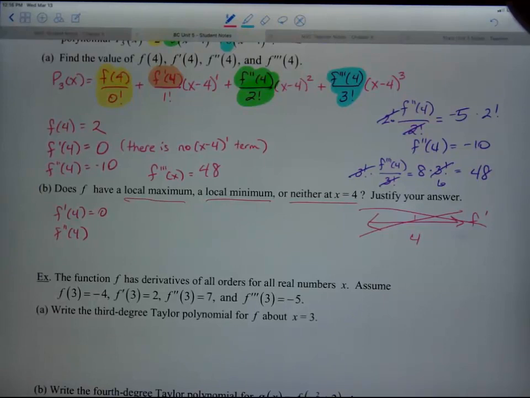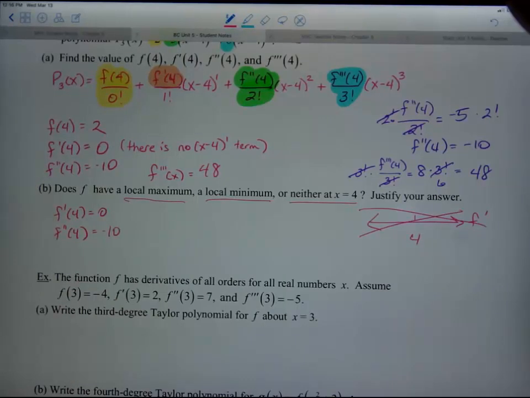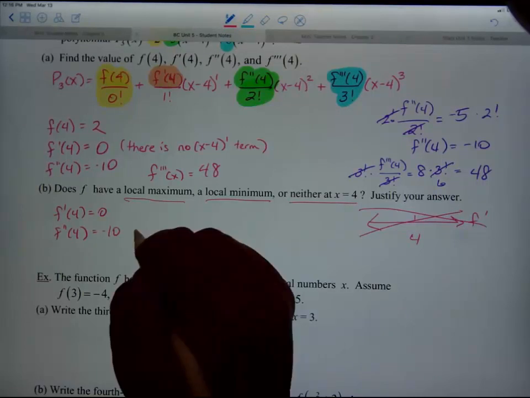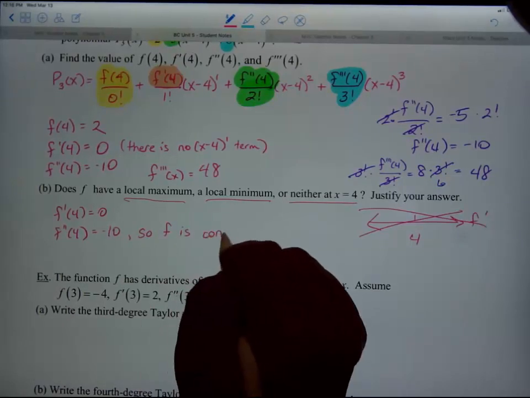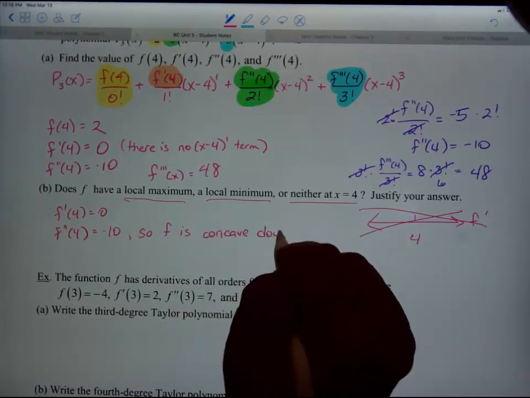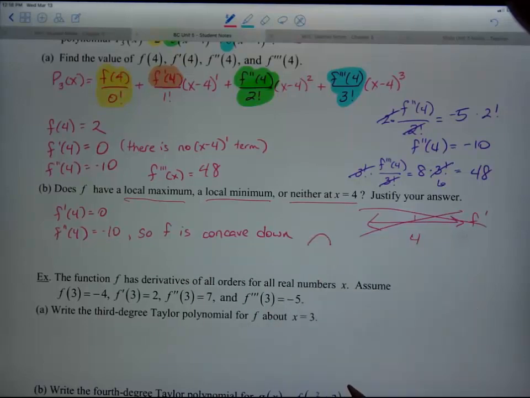What did it tell me about the second derivative? I just found it. It's -10. And the fact that it is negative means my graph is what? Concave down. So f is concave down. And you've got to specify that it's f. So if you want to draw a picture to help you, draw a picture of concave down.